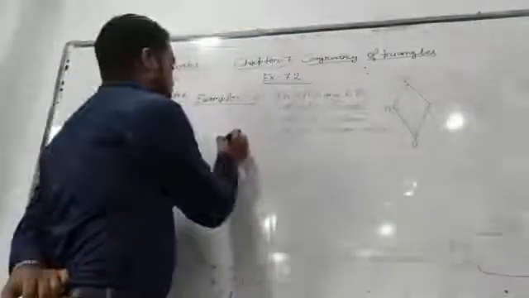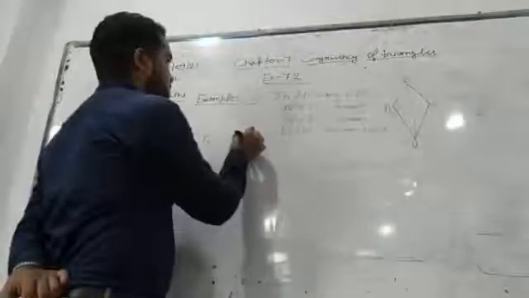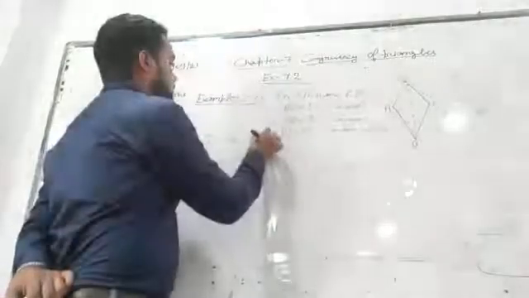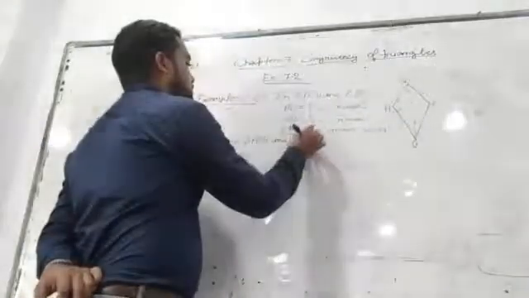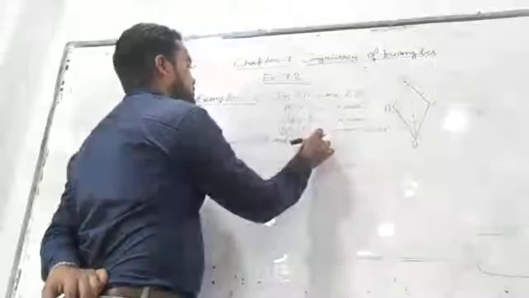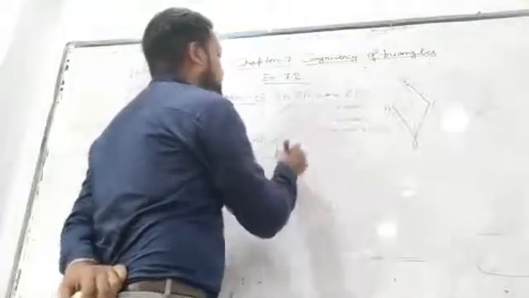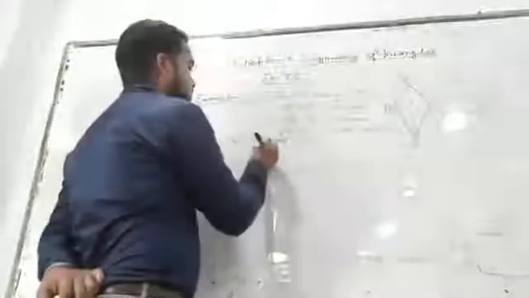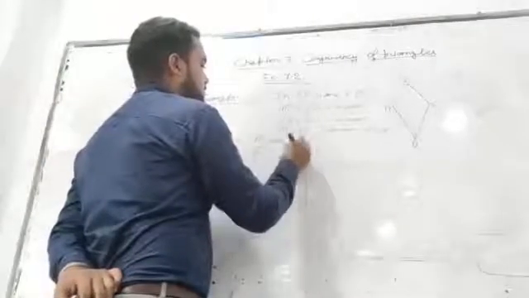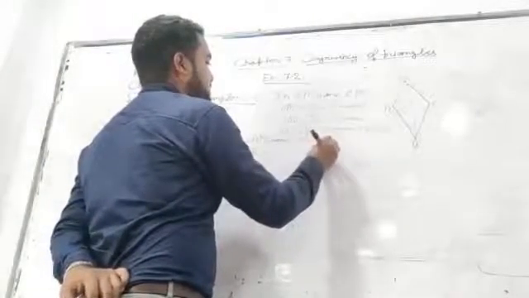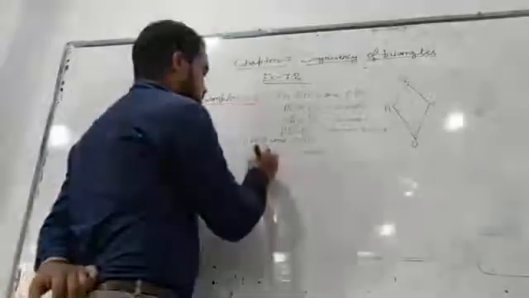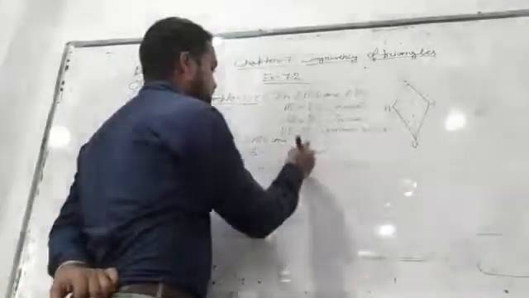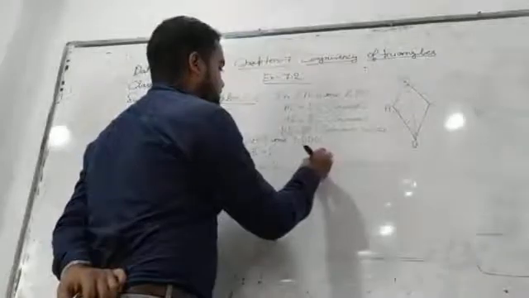So for this, in triangle ADB and triangle BDC, AD equals BC, the same thing which is given, and AB equals BC, it is also given.